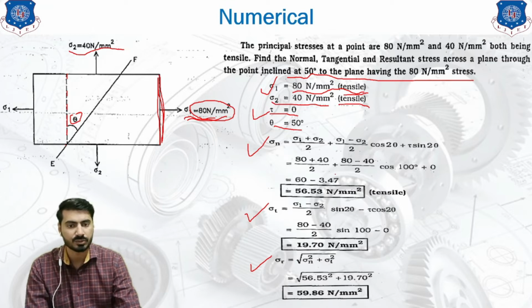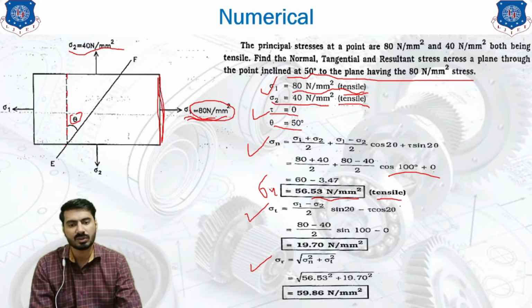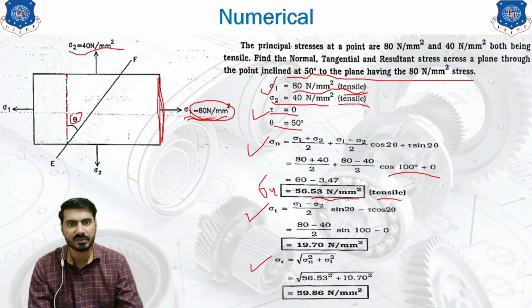We have used the sign convention, inserted all the values, and by simplifying using the calculator, you are going to get this answer: sigma n equals 56.53 Newton per mm square. The nature of this stress is also tensile. Why is it so? Because we are getting the answer as positive. If we get a negative answer, then we will consider it as compressive.